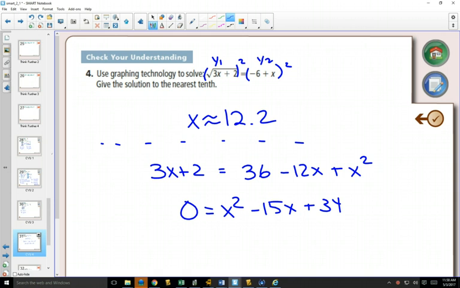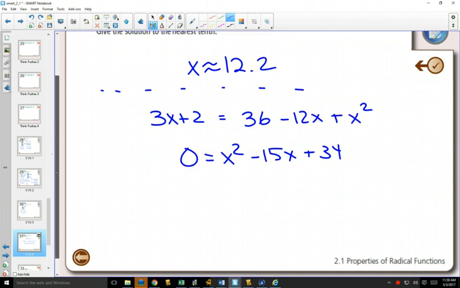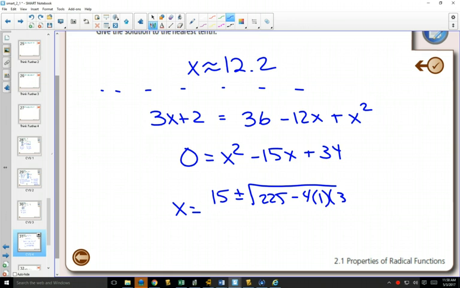I know from the answer above that it's going to be something that isn't nice, so I'm going to use my quadratic formula to solve for this. Negative b plus or minus the square root of b squared, 15 squared is 225, minus 4 times a times c, all divided by 2 times a, and a is 1.